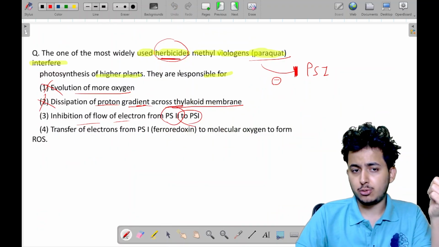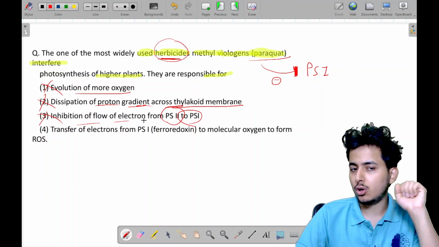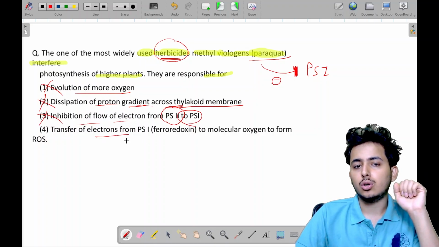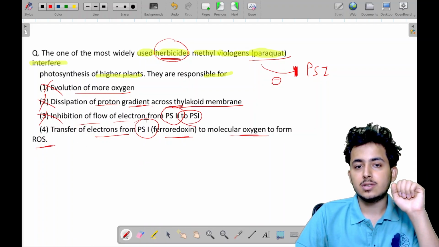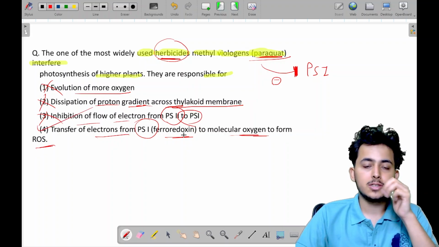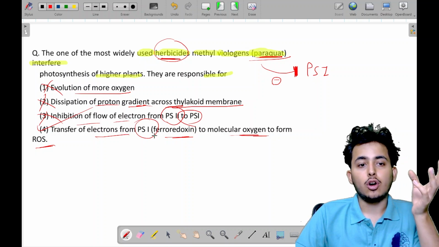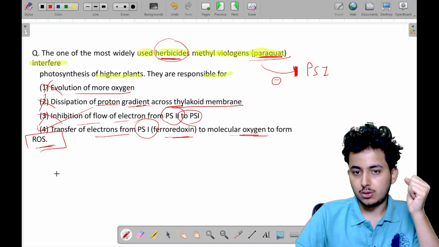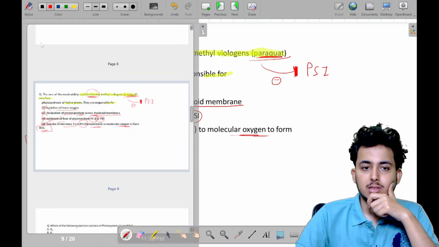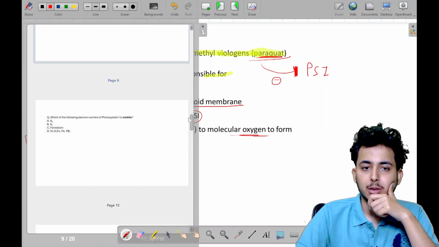After PS1 there is a problem, so this is wrong. Transfer of electrons from PS1 ferredoxin to molecular oxygen to form ROS: this is the thing that happens when you are using paraquat. It forms reactive oxygen species. This is something you need to remember.